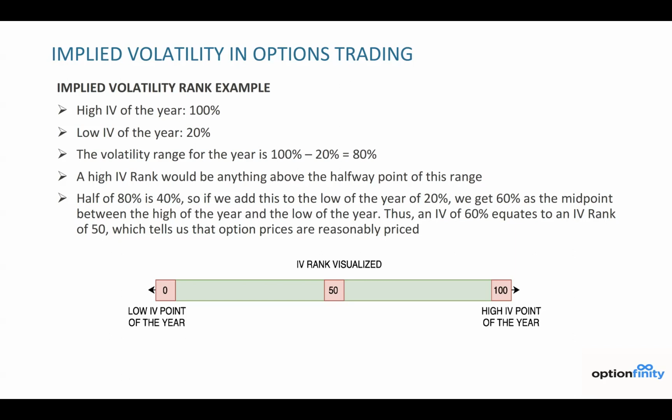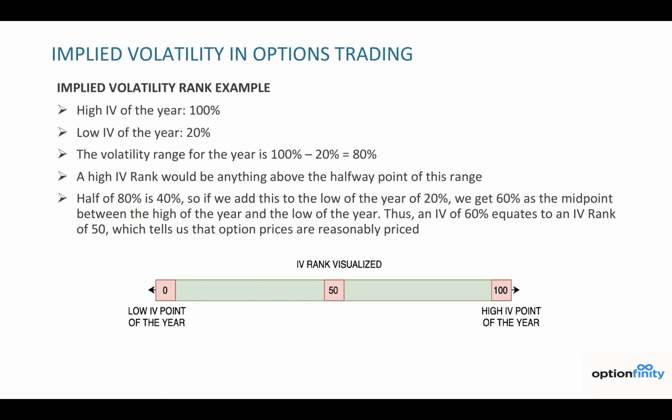Now half of 80% is 40%. So if we add this to the low of the year of 20%, we get 60% as a midpoint between the high of the year and the low of the year. Therefore, an IV of 60% on this given example stock equates to an IV rank of 50, which tells us that option prices are reasonably priced because the current IV is exactly between the high of the year and the low of the year, right?